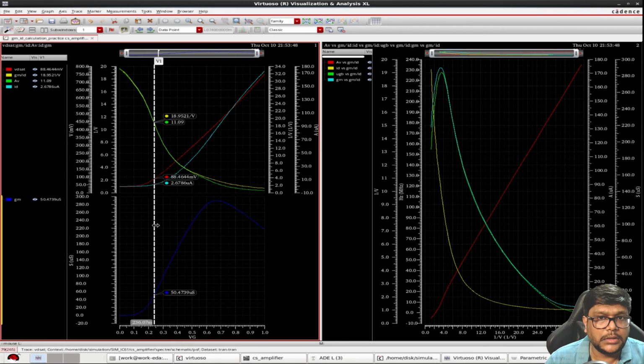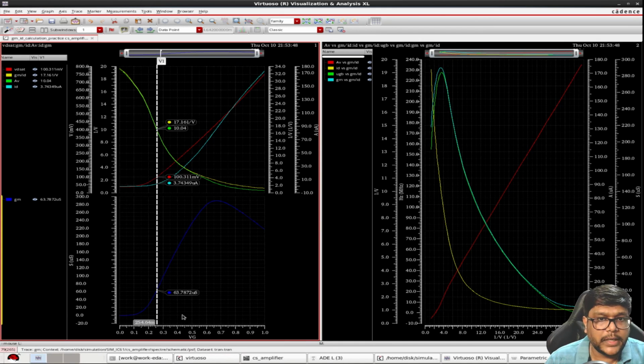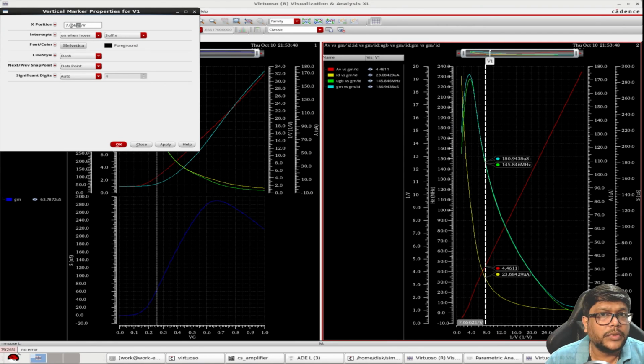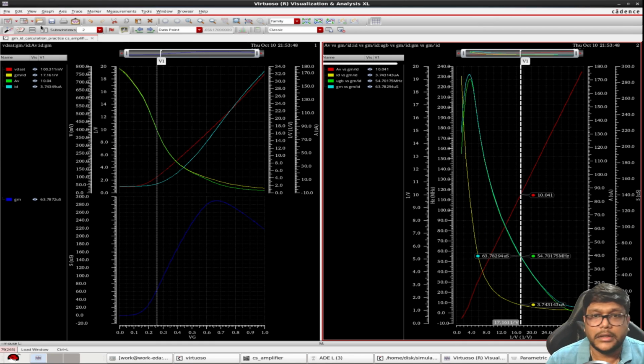So here, around here. Okay, so now we can see for 254 millivolt, that is 17.161 GM by ID. So we are getting our gain AV 10, we are getting good UGB, we are getting our GM as expected.